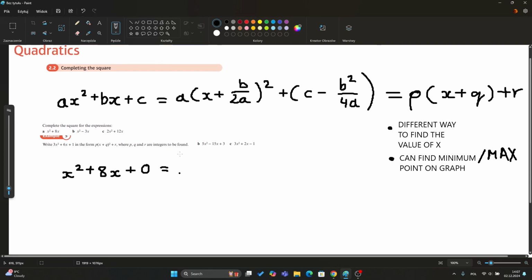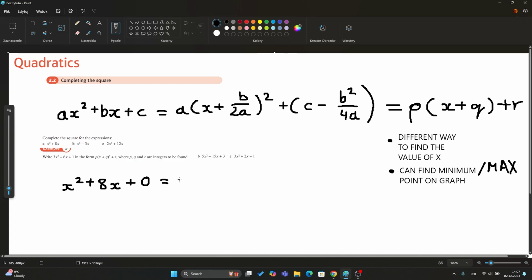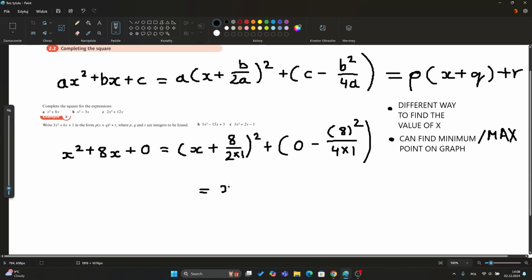So that means we plug it into the formula, so a stays as 1, so there is no a, x stays as it is, plus b, which is 8 over 2a, which is 1, squared, plus c, which is 0, minus b squared, which is 8 squared, over 4 times a, which is 4 times 1. So this is x plus 4 squared minus 64 over 4.